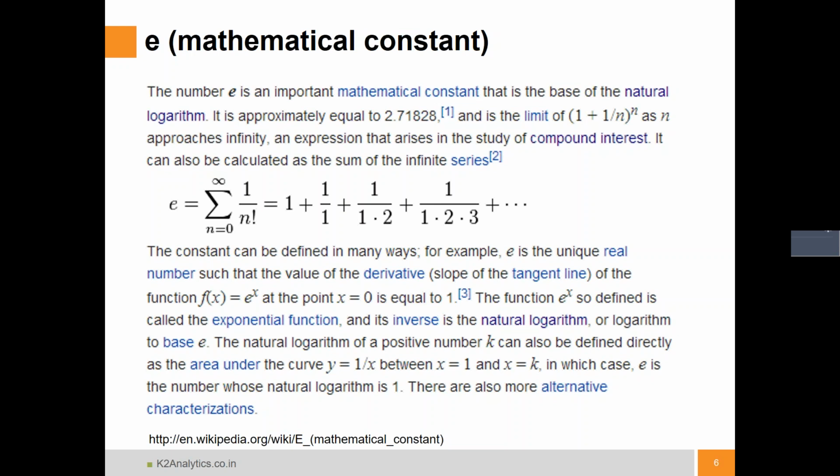One of these is basically an infinite series of 1 upon n factorial, which is being shown here.